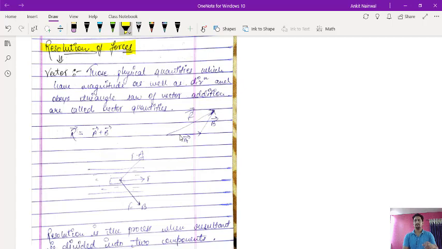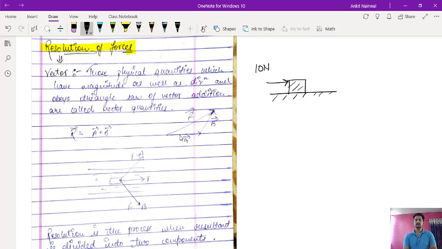Before that, I have told you in the previous lecture about vectors. A vector is a physical quantity that has a magnitude as well as direction. An example of that is force. Suppose this is a body kept on a surface and you are trying to pull this body with a force of 10 Newton.